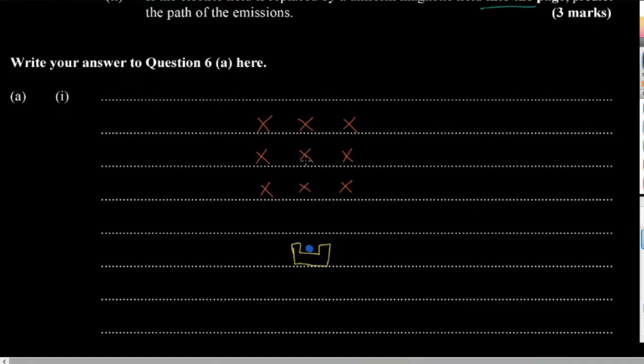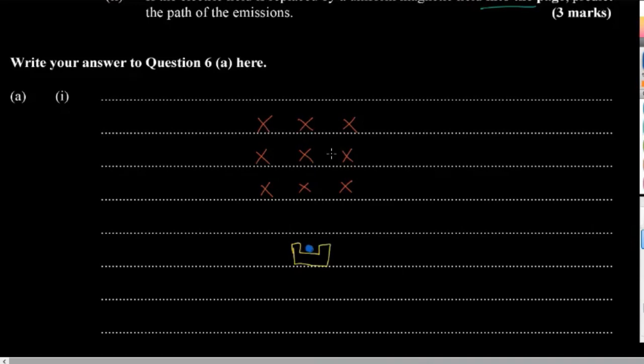So when we have the radioactive particles moving in like this, what we essentially have is charged particles entering what? Electric field. No, we changed it.